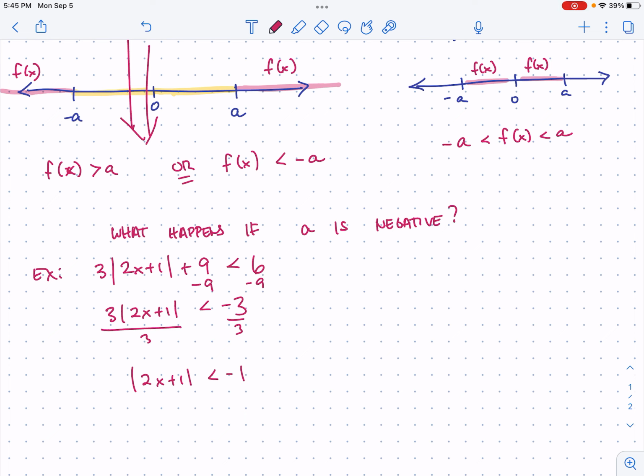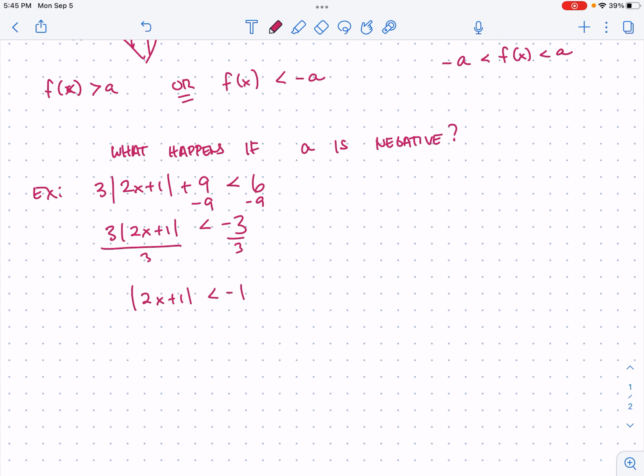Now, we have to think about what that means. This is telling us that this expression is less than negative 1 units from 0. So it has a distance smaller than a negative number.